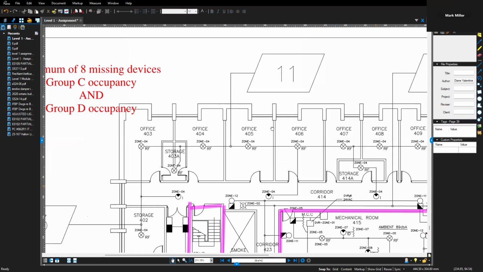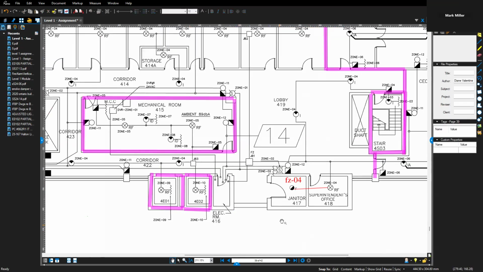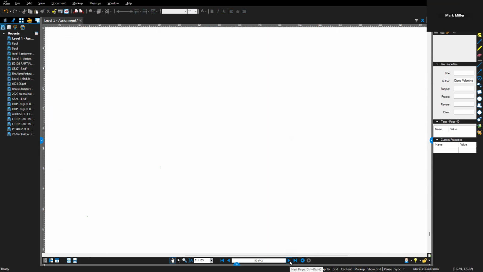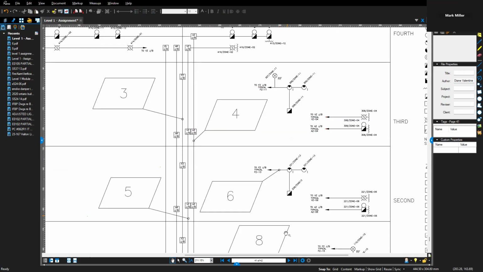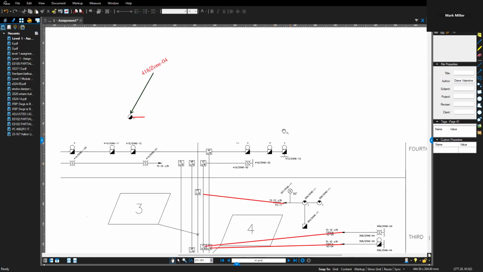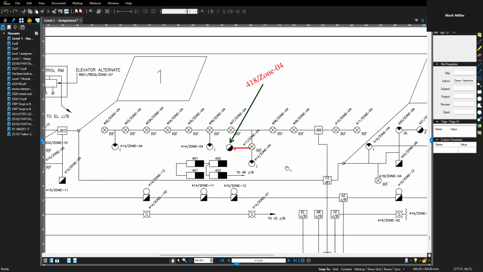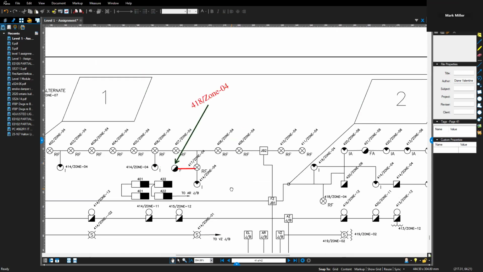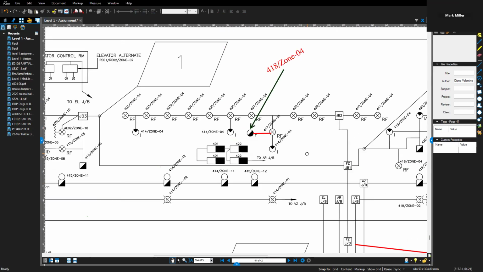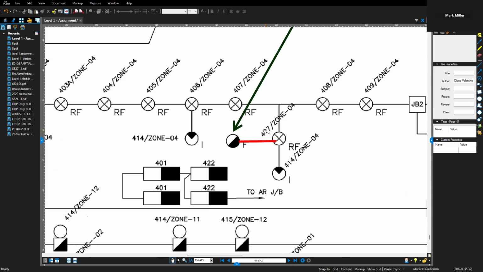Then I'm just going back to double check. Oh, 417. Oh, it was already on there. 417 to 418. Huh. I must have added it in at some point. Oh no, that's a typo.